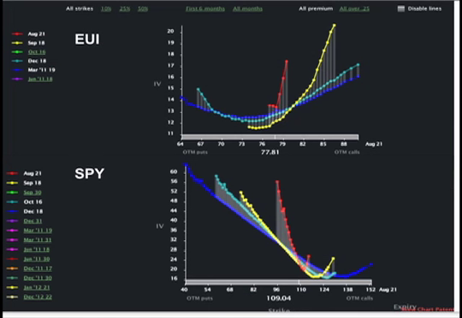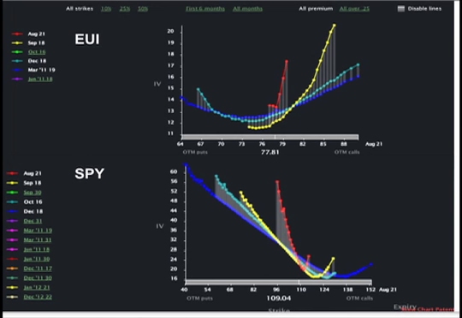One of the other things we want to look at is the behavior of skews across these products and see how they're similar or how they're different from things that you may be a little bit more used to. So here I have a skew chart for EUI that I think has August, September, and December options, and SPY has a little bit more data there.